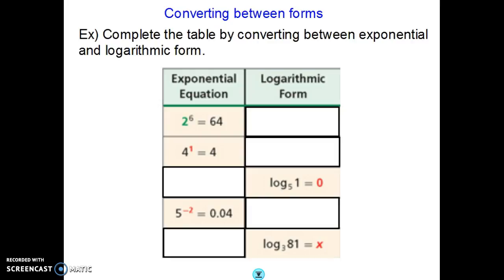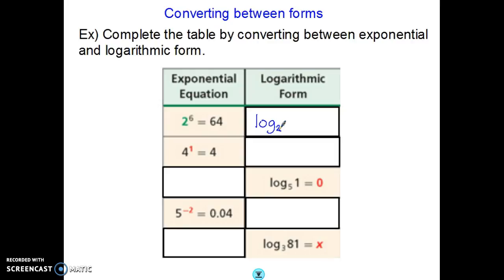So if we fill in this table, that'll give us a few practice problems to look at. We start with the exponential equation 2 to the 6th equals 64. Well, I know that my base on this exponential equation is 2, so the base of my log must also be 2.